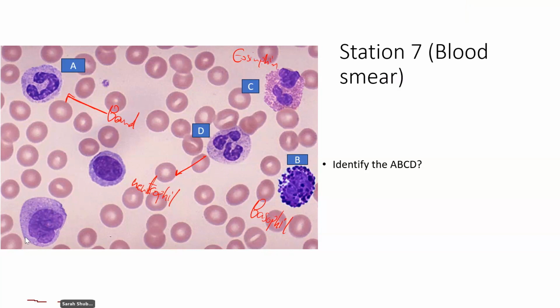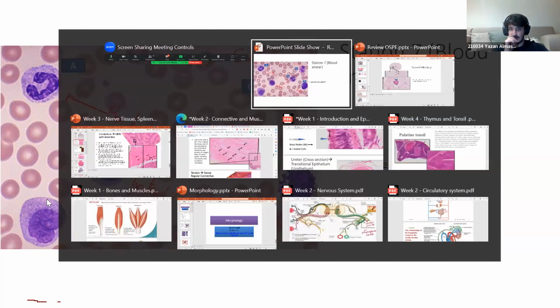There is a reason he didn't put this, for example, because it's something advanced for your level, for my level. He has been seeing it for years, so he recognizes it. If he's gonna bring you a precursor, this is a precursor because it maybe has granules. If he's gonna bring you a monocyte, he's gonna bring this.